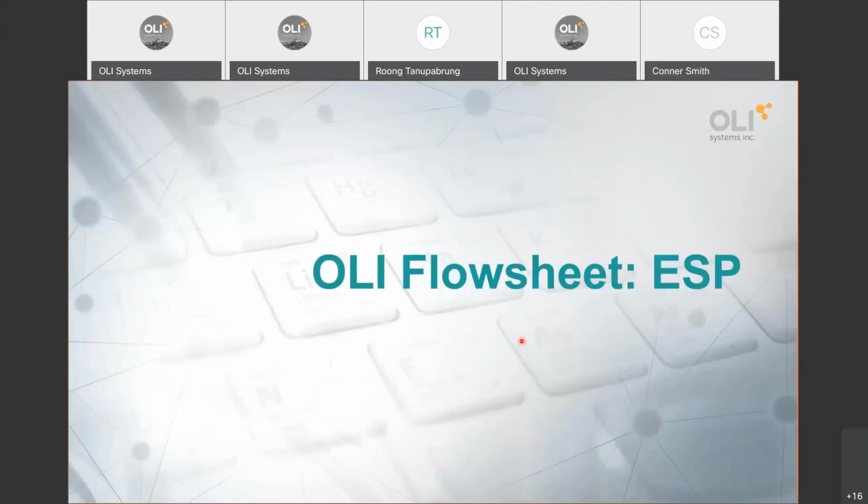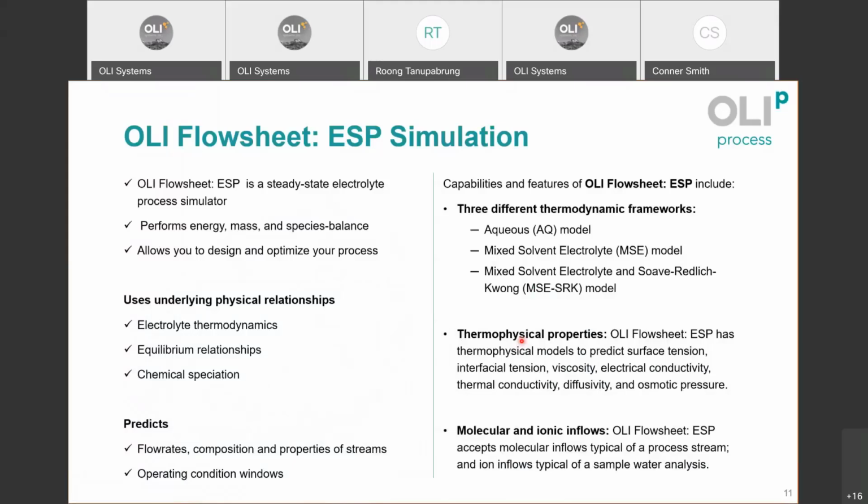Okay, so let's get started and let's start talking a little bit about OLI Flowsheet ESP. As Jordan mentioned at the beginning, OLI Flowsheet ESP is a steady-state electrolyte process simulator. It will help you to perform energy, mass, and species balances in your simulation.